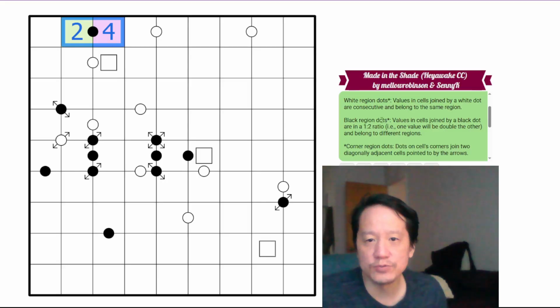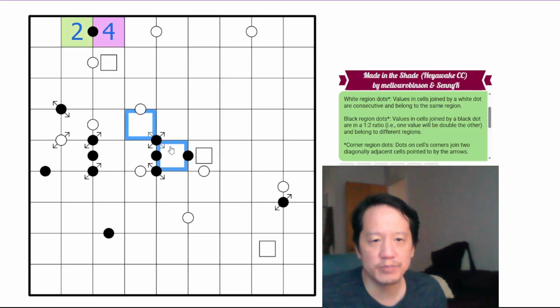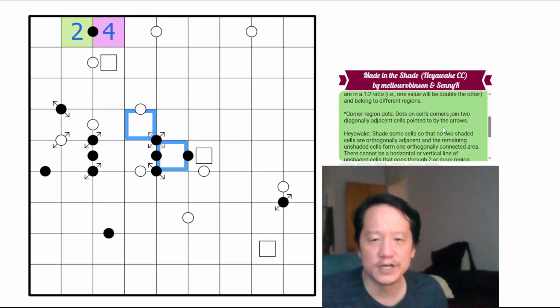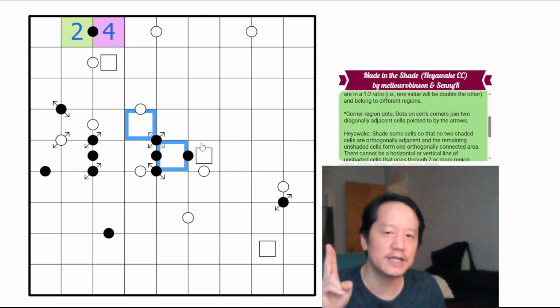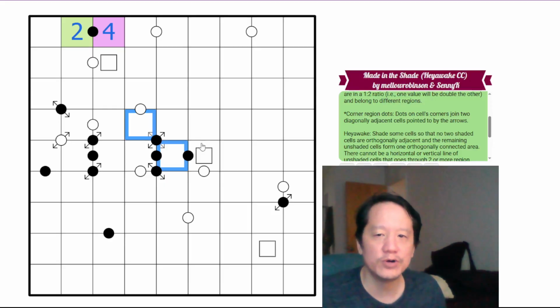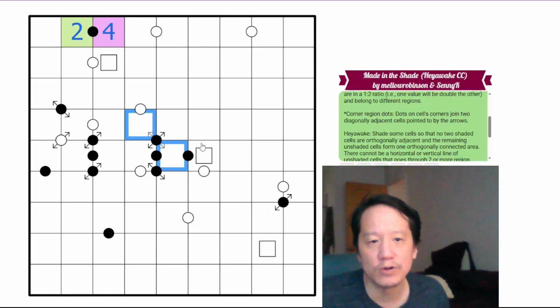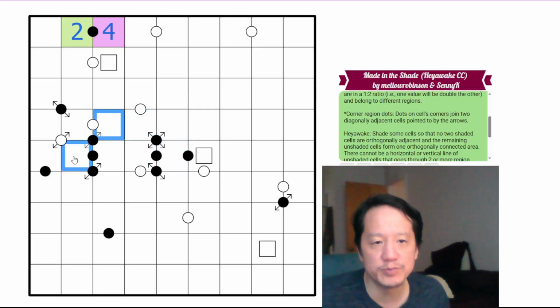And they have asterisks because I think they can apply to the corner dots, right? Corner region dots, dots on a cell's corner, join two diagonally adjacent cells pointed to by the arrows. So these join specifically these two.